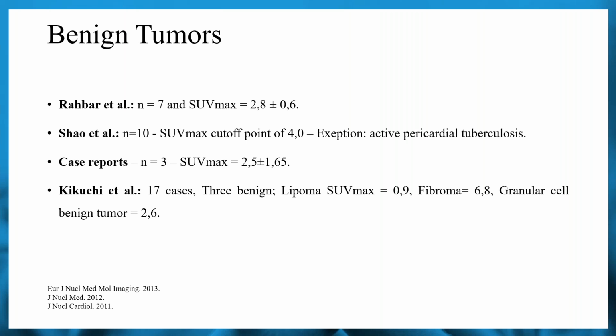This cutoff excluded one patient presenting an active pericardial tuberculosis, which showed a higher uptake than the benign conditions. Among the case reports, we had only 3 benign tumors presenting a mean SUVmax of 2.5, and this case series showed 3 benign tumors: 1 lipoma presenting an SUVmax of 0.9, 1 fibroma of 6.8, and another benign tumor with an SUVmax of 2.6.